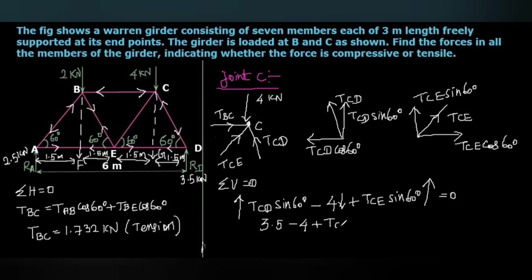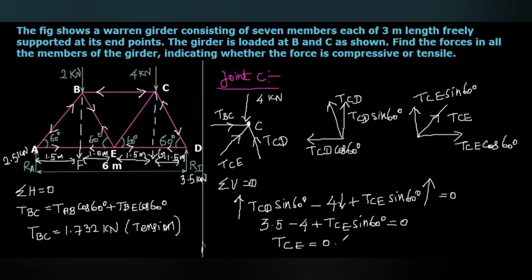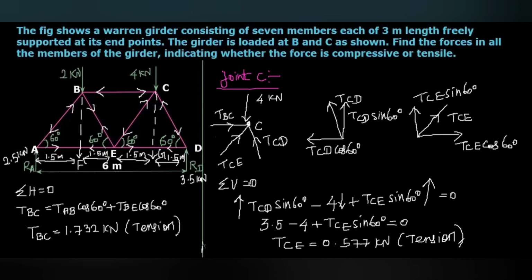So plus TCE sine 60 that equal to 0. From this, we can get the value of TCE as 0.577 kilonewton. And here, the TCE, it is acting inwards to the joint C. Same way, it will act inwards to the joint E also. Then here you can see this is tensile in nature, that is tension.